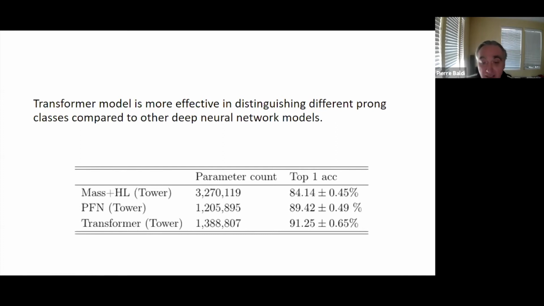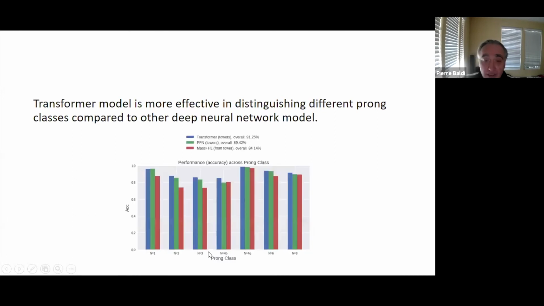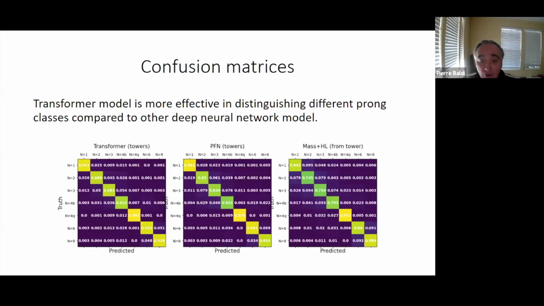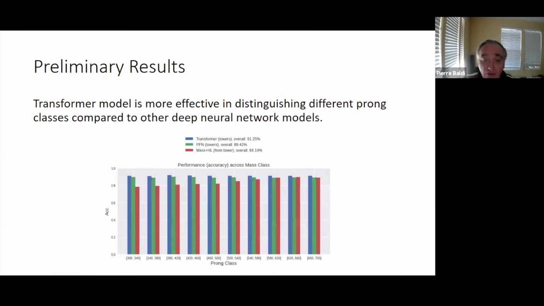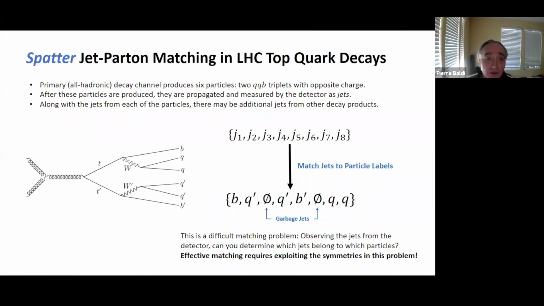Reasonable in the sense that these are big architectures with over 1 million parameters, but we can do better than a fully dense connected neural network that has 2 times or more the number of parameters. That's the first example. We have the confusion matrices, all those things, but that's details. That's the basic idea. I think you can see what it is.